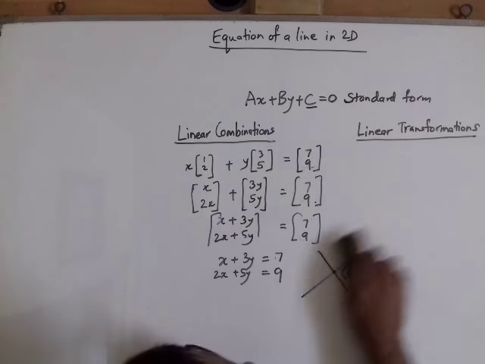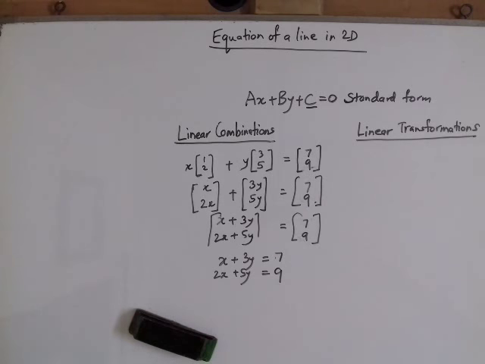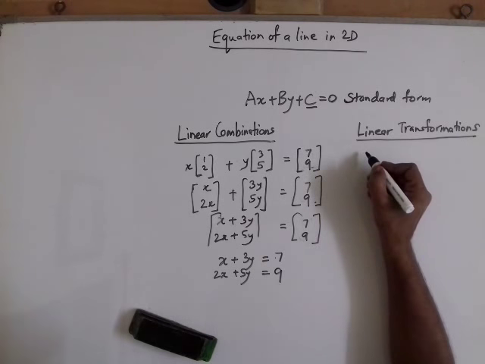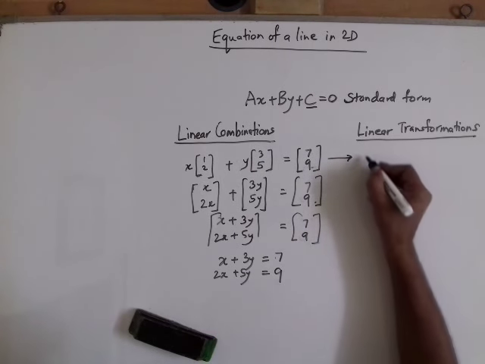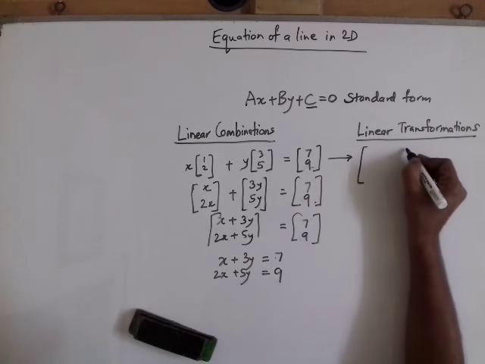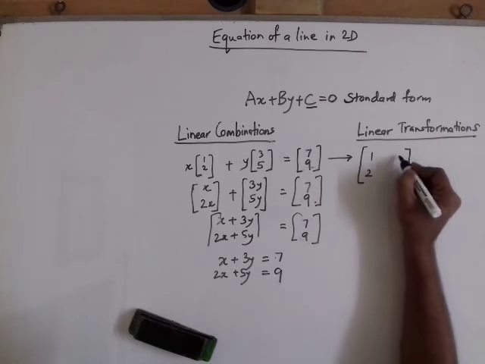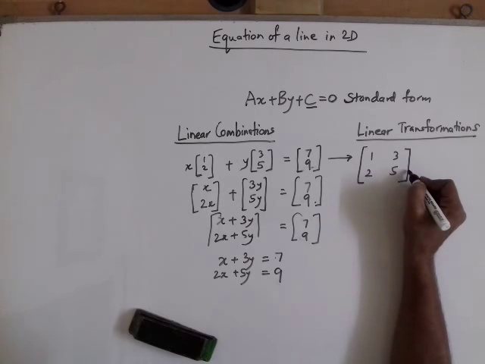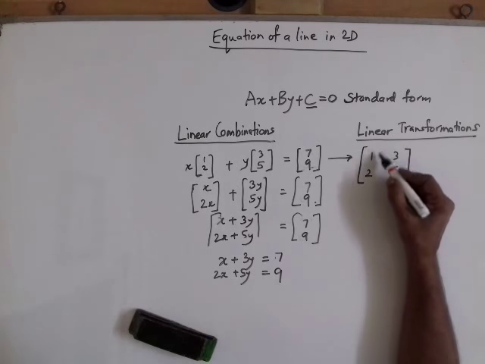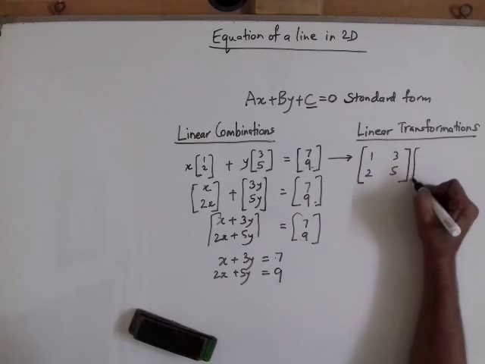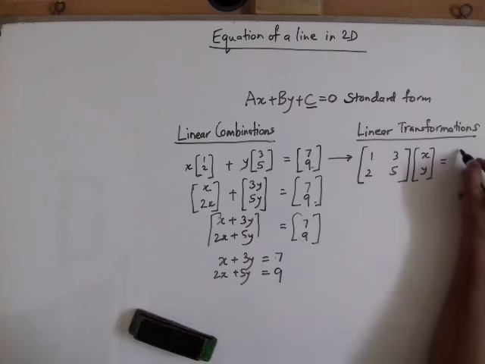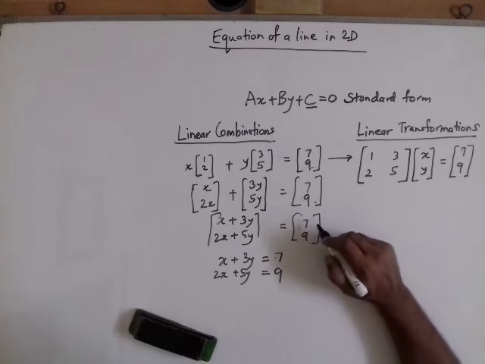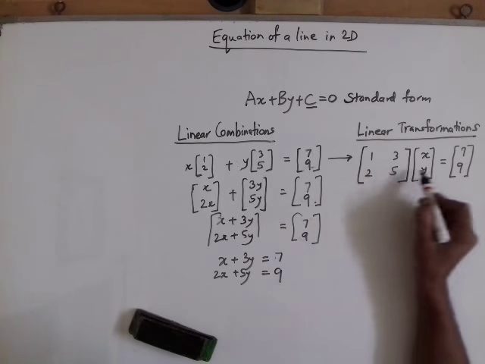Coming to this side of linear transformations, and we have not really done matrices, but I will tell you, this linear combination can also be written as 1, 2, 3, 5. Now here we are talking of a matrix. Obviously this is not a vector because it has more than one column. We will cover this when we come to linear transformations, but think of this as a function.